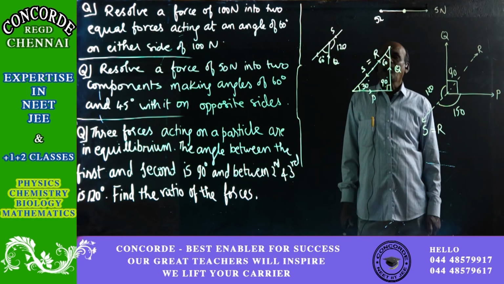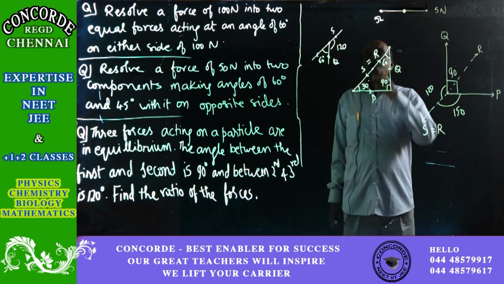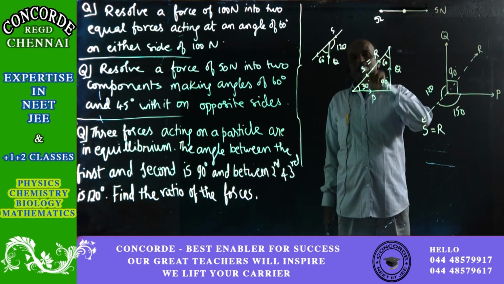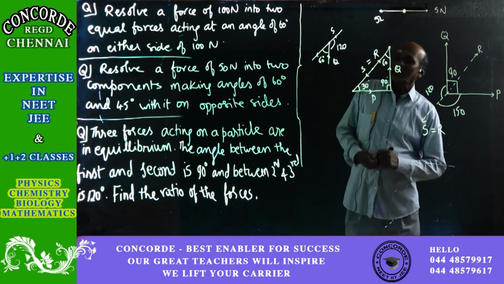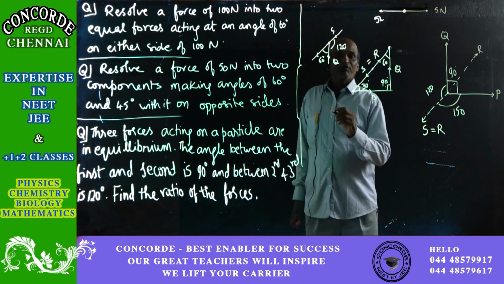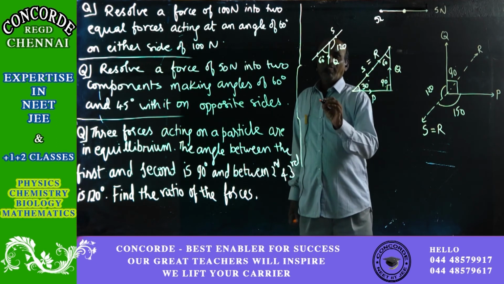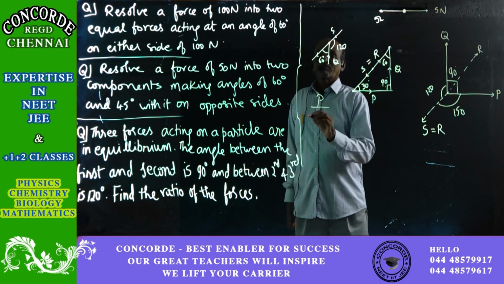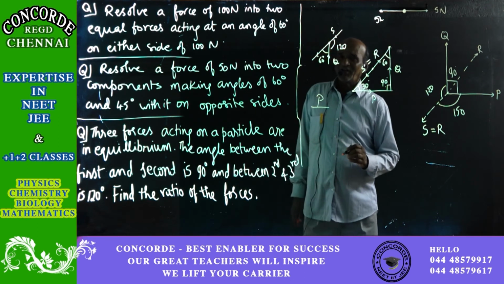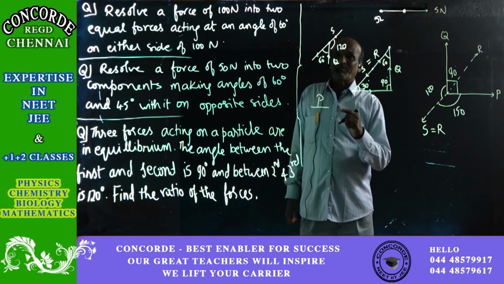Okay. So, you have got the idea? Because R, same length, is replaced by S, so still the sine rule holds good, and see what we have now, P by the sine of the opposite angle. This we have studied and is called the triangle law. Another name for this is Lami's theorem.